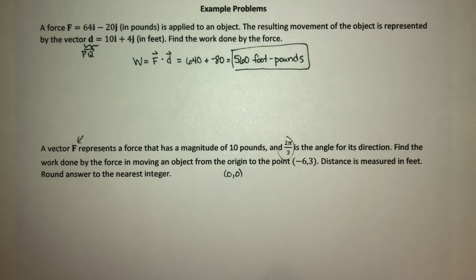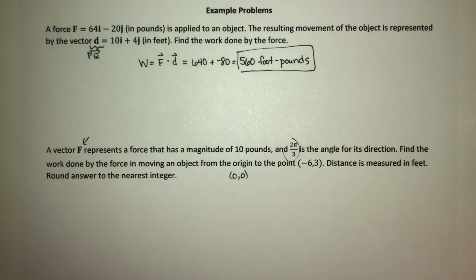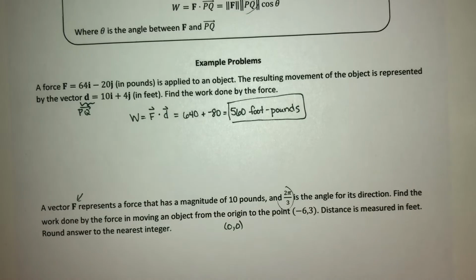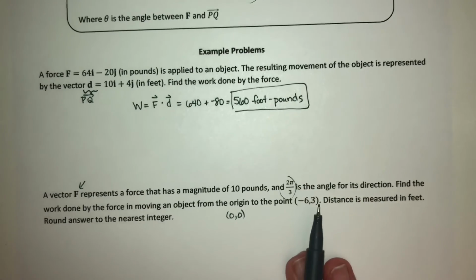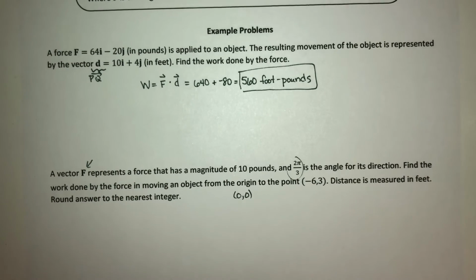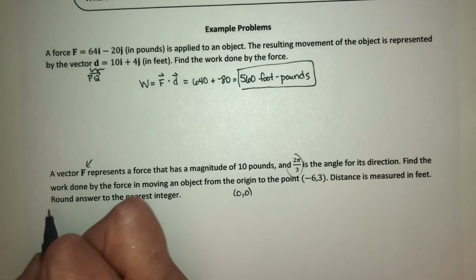There's pounds, feet, foot-pounds. The first thing we need are vectors for F and for our other PQ or D, basically the distance that this moves, okay? To find the vector F, we need to use the formula from the previous section, okay?